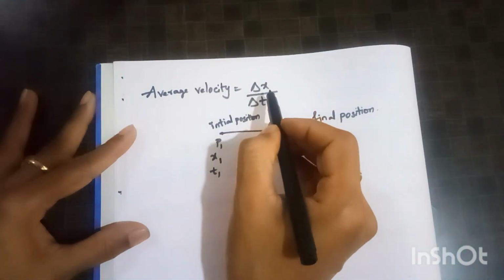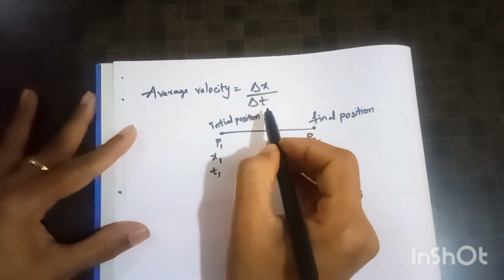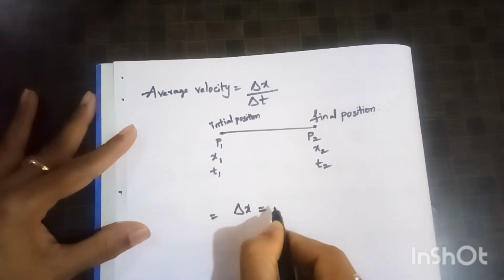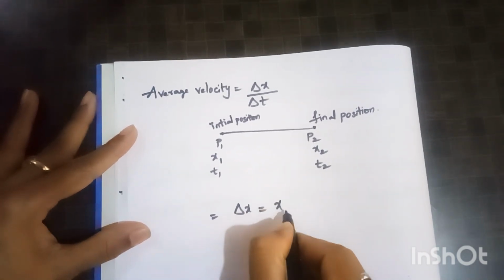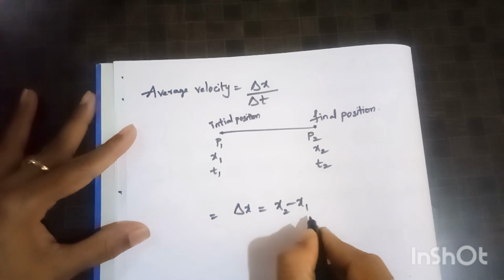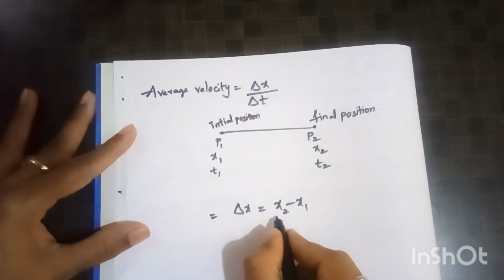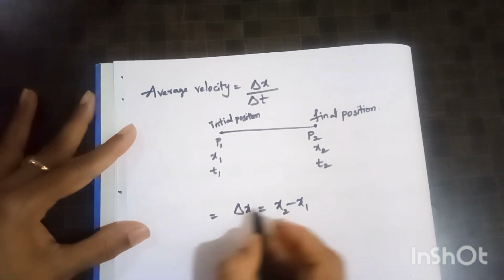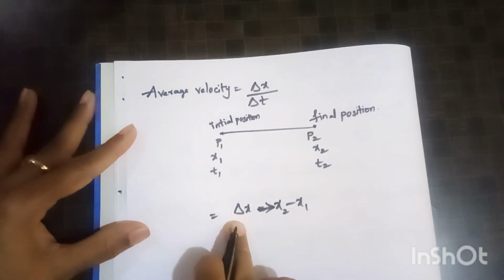Delta x is x2 minus x1, that is final displacement minus initial displacement, which gives the change in displacement.